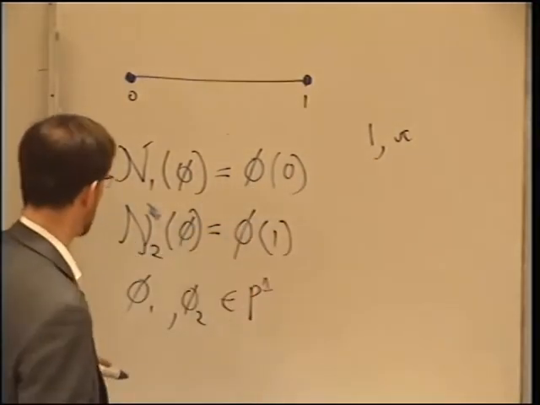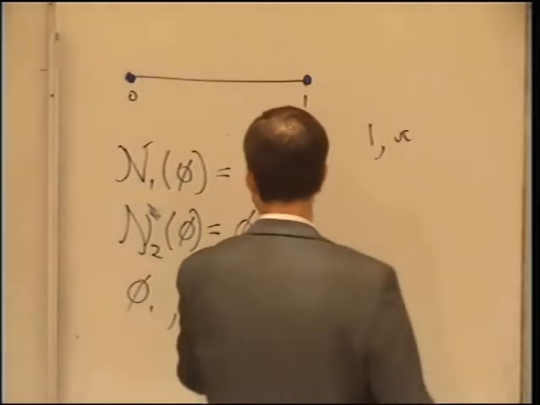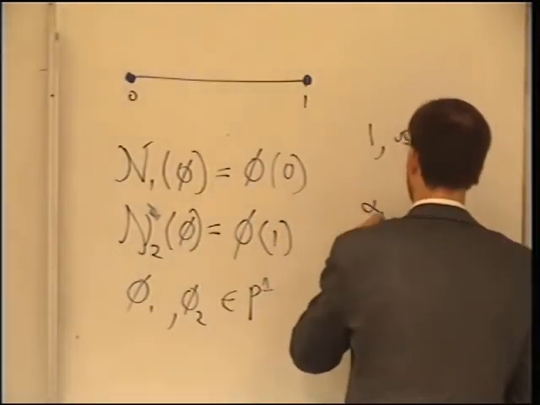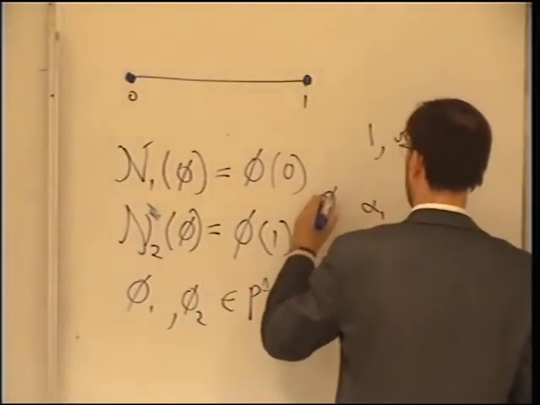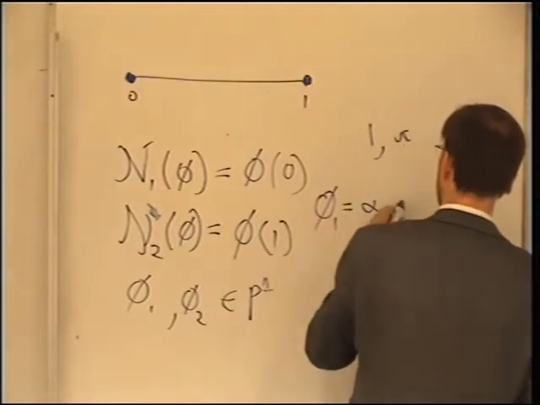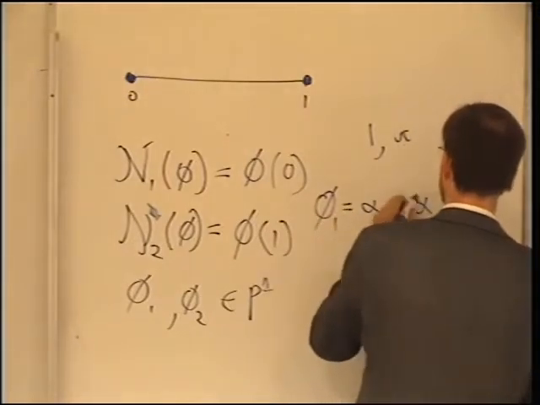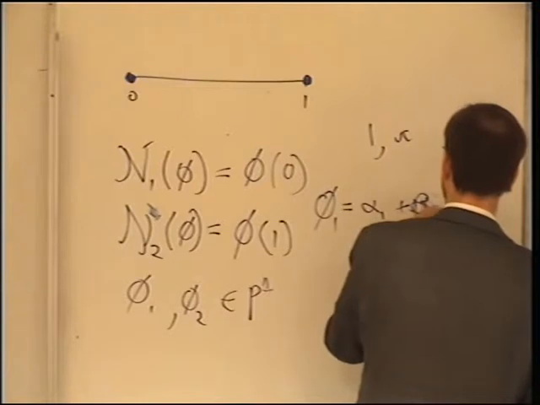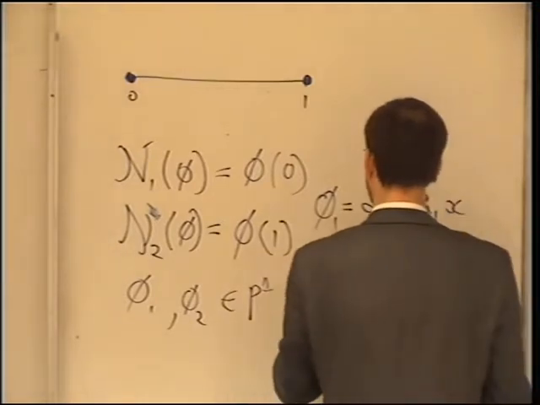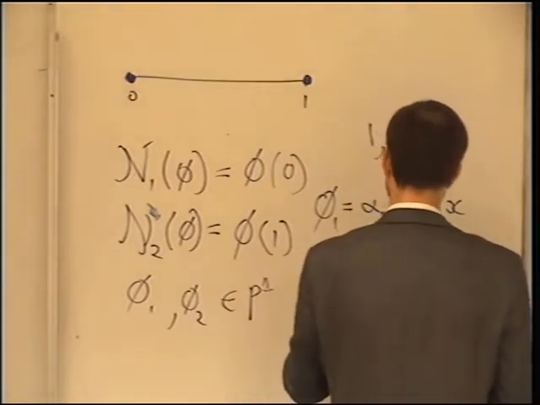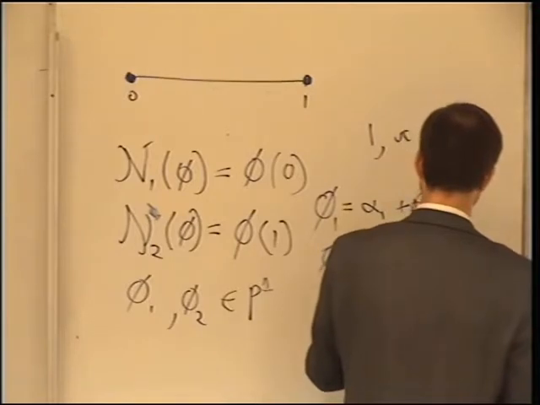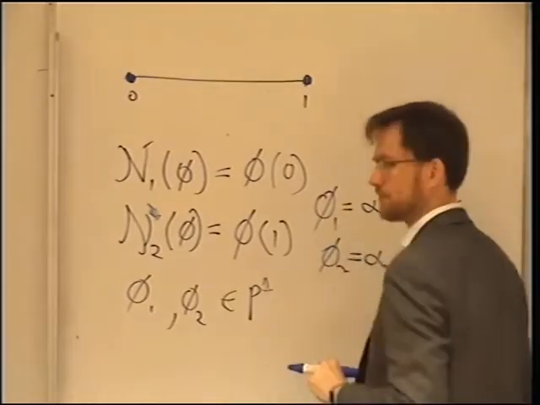So that means I get phi 1 is equal to alpha 1 plus beta 1 times x, and phi 2 is going to be equal to alpha 2 plus beta 2 times x.